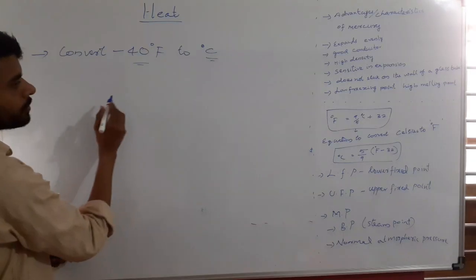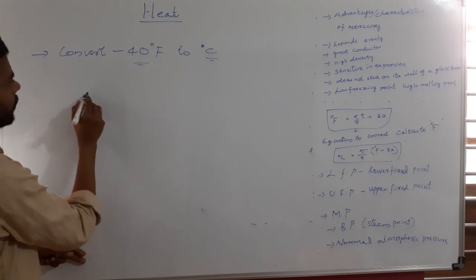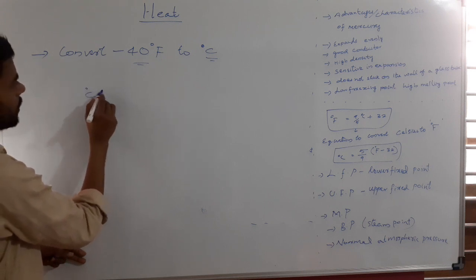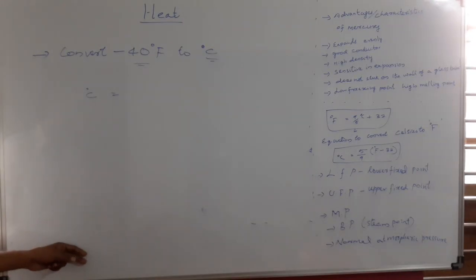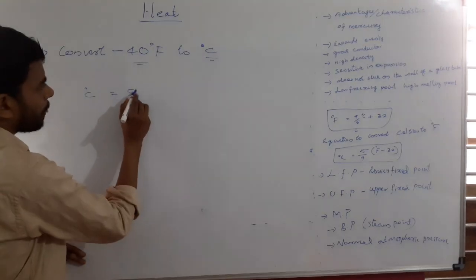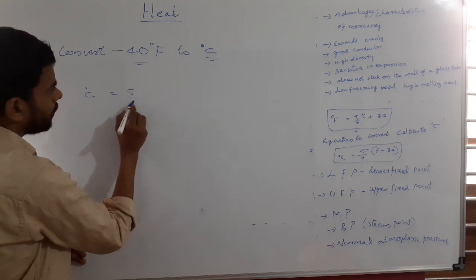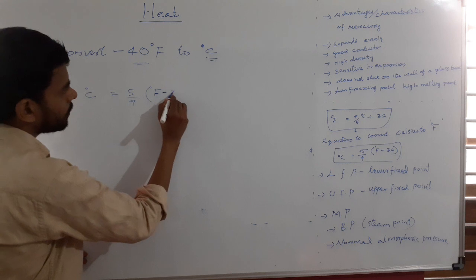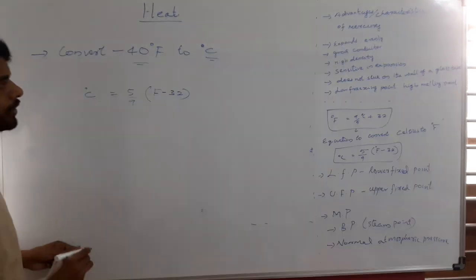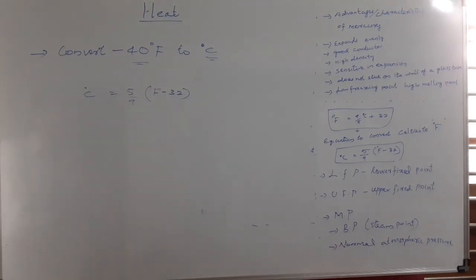Now listen. Degree Celsius is equal to, what is our equation? 5 by 9 into F minus 32.